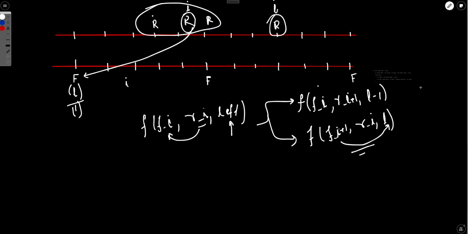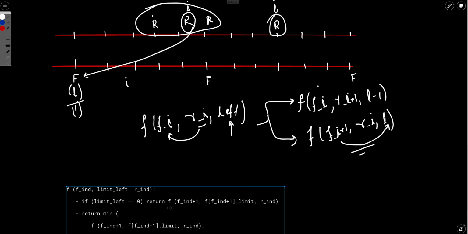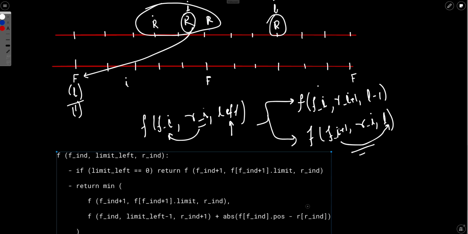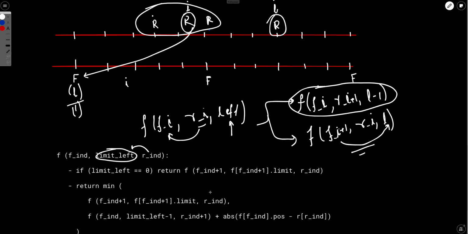Okay, so what will be the pseudocode? Pseudocode will be exactly similar. We just have a limit left in our state now, and if limit left is 0, it means we can't assign this robot to this index, so this state can't be reached. So we will just return, because this state can't be reached, right? Otherwise, you can do either of two things.